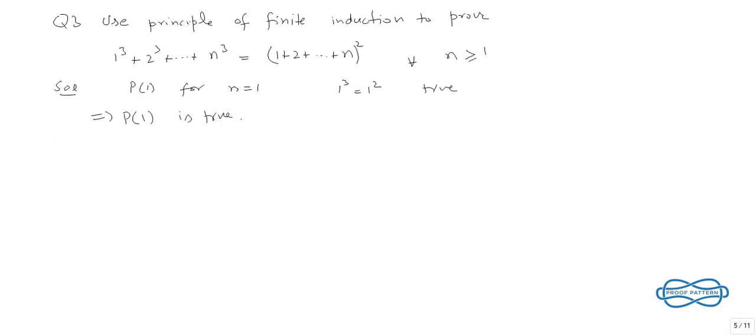Now suppose Pk is true, that is, 1 cube plus 2 cube up to so on plus k cube is equal to (1 plus 2 plus so on plus k) whole square.